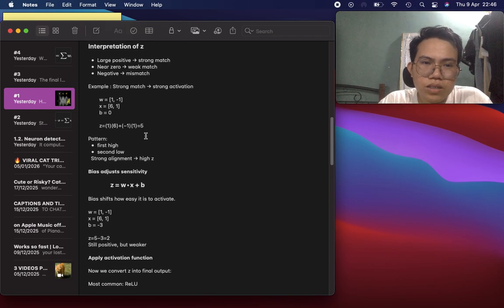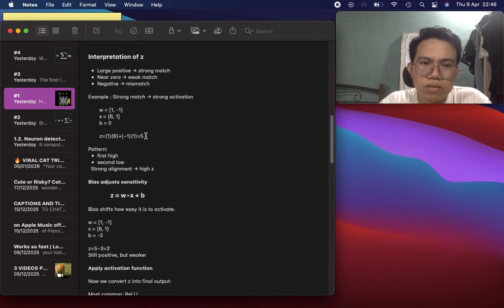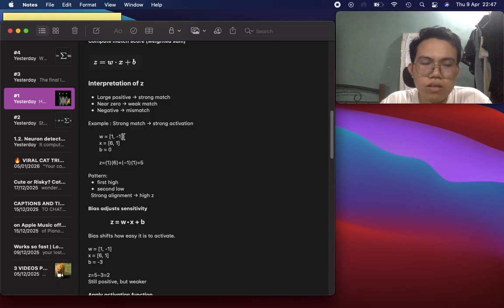So, what's the match that we're talking about? For example, the weights, or the learned patterns, are like this: large and low. And the input feature that you fed into the inference, we are validating here.